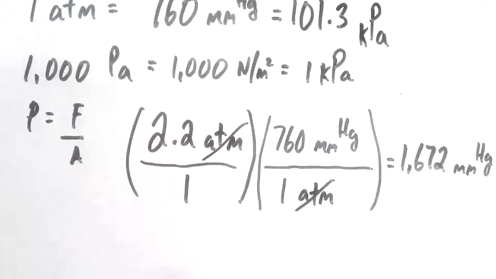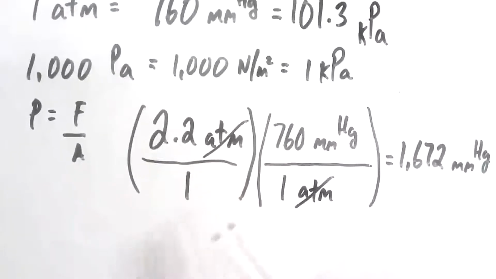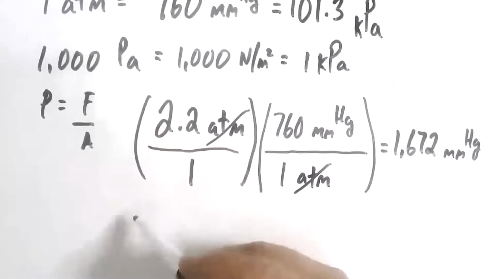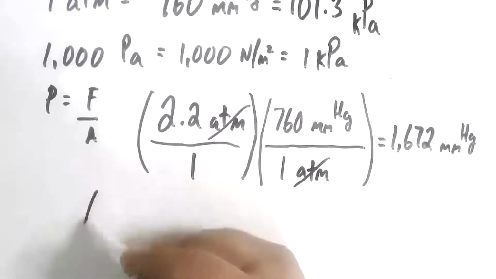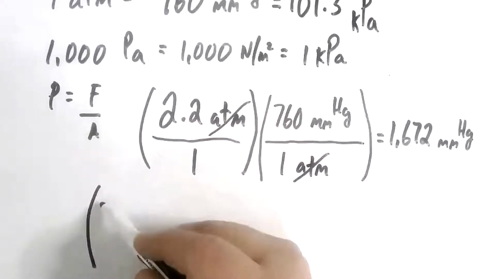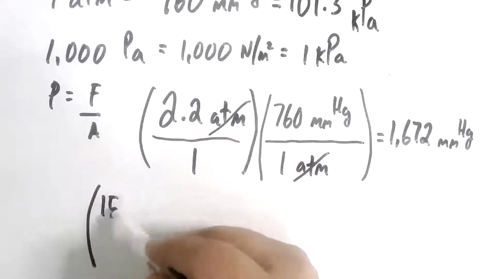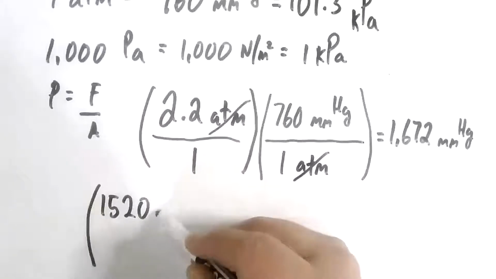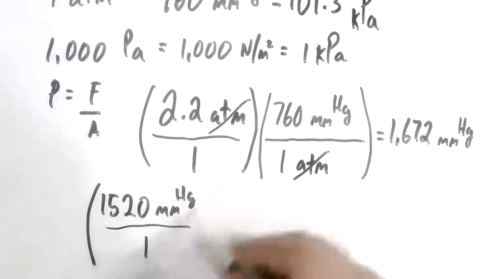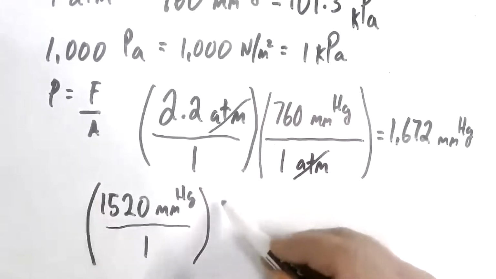Now we can reverse this process. Suppose we are given a number in millimeters of mercury rather than, say, atmospheres or kilopascals. Let's say it's 1,520 millimeters of mercury. That's our given, so we write it as a fraction over 1 inside parentheses, as we always do.